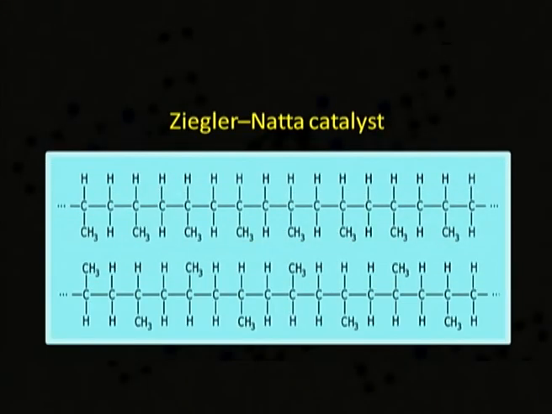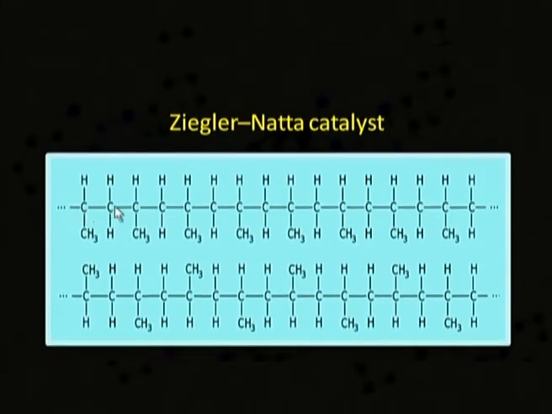Polypropylene shows examples of isotactic and syndiotactic tacticity. This is the arrangement of groups on this chain of polypropylene polymer. Here we are seeing that CH3 groups are towards the same plane, either above the plane or below the plane.